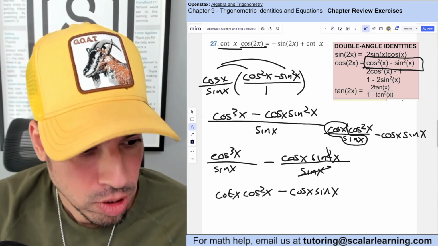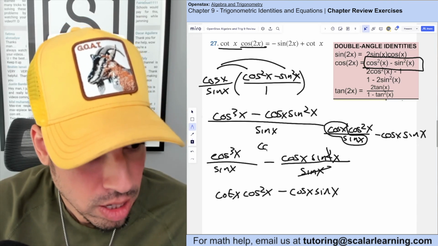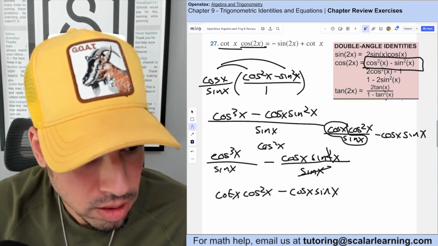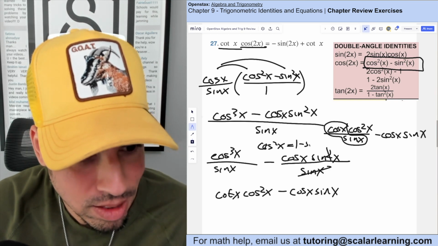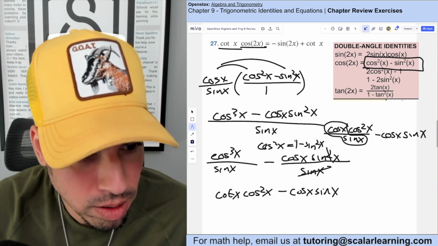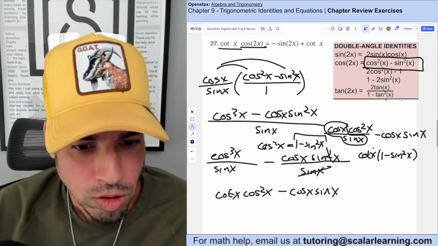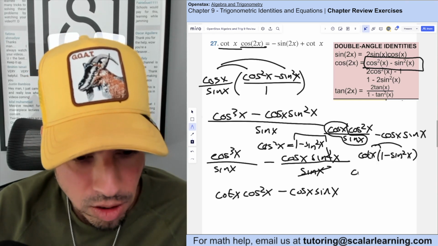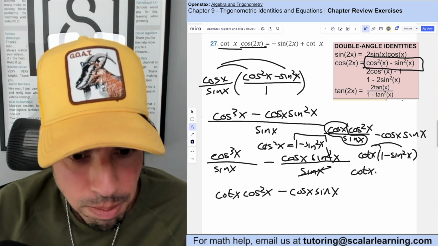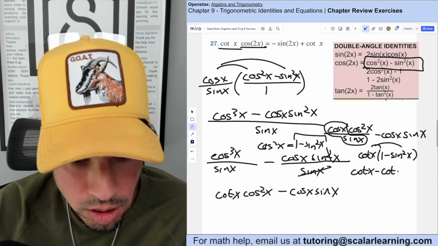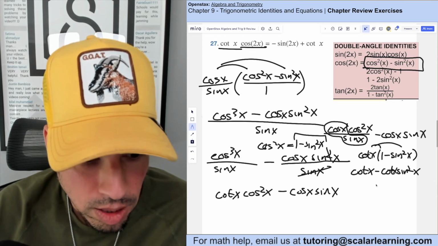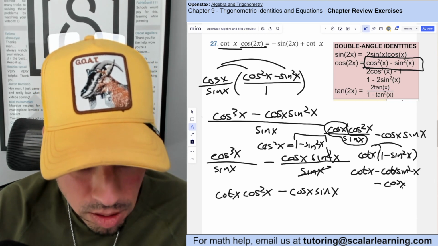Then what I'm going to do, using a Pythagorean identity, which says that cosine squared x equals 1 minus sine squared x, is plug this in for the cosine squared x. So now as I distribute, I've got cotangent x minus cotangent sine squared x, right? And then minus cosine x sine of x.